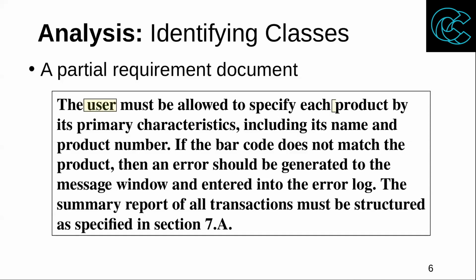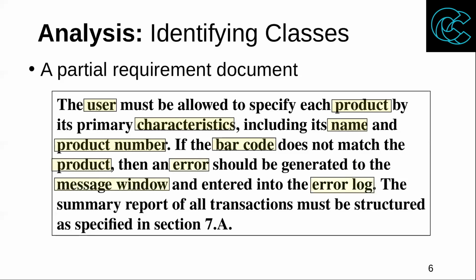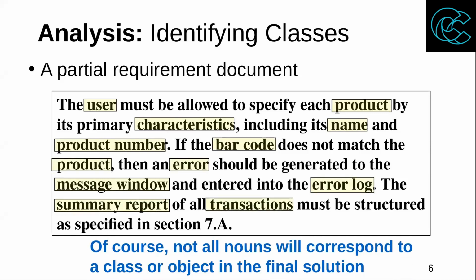So the highlighted portions are the nouns. So you have user here, which is one of the nouns. You have product, and then the characteristics, so you have a name and product number, and there are again multiple nouns here. So you have barcode, product, error, message window, and so on. So these are all the nouns.